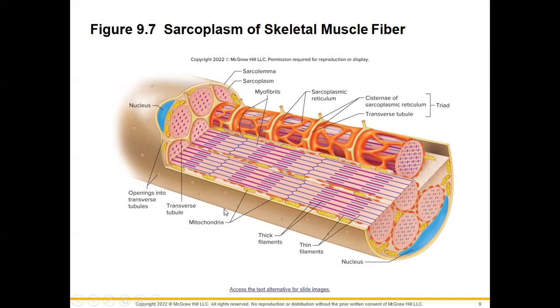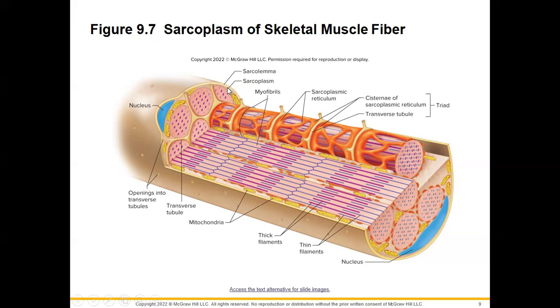Inside of the sarcoplasm of your muscle fiber, you have your triad. The triad consists of the cisternae of the sarcoplasmic reticulum as well as a T-tubule. So this is your triad. Your myofibril is this structure.